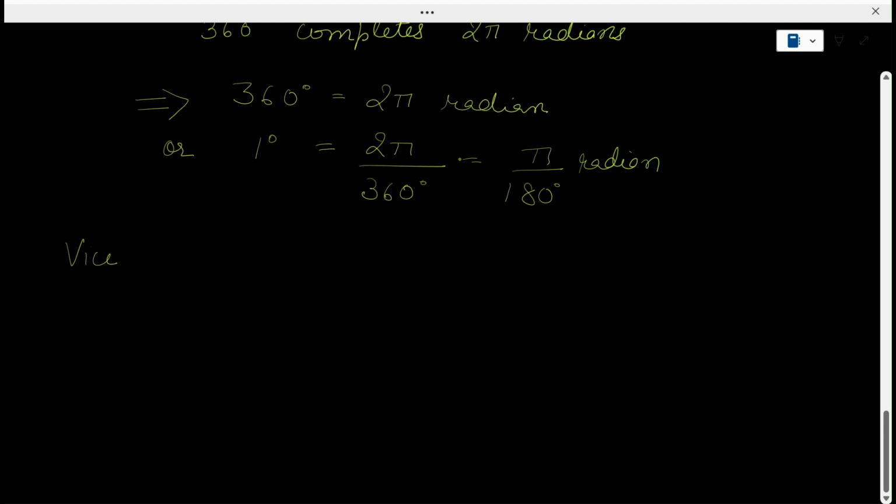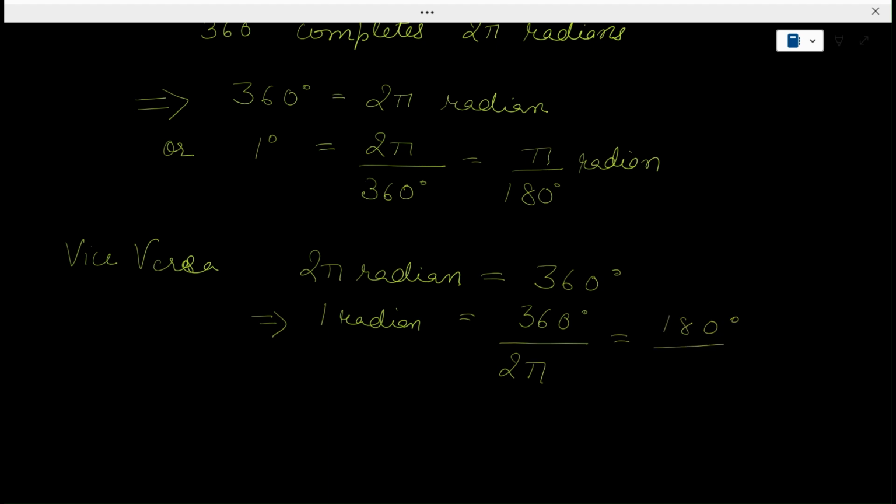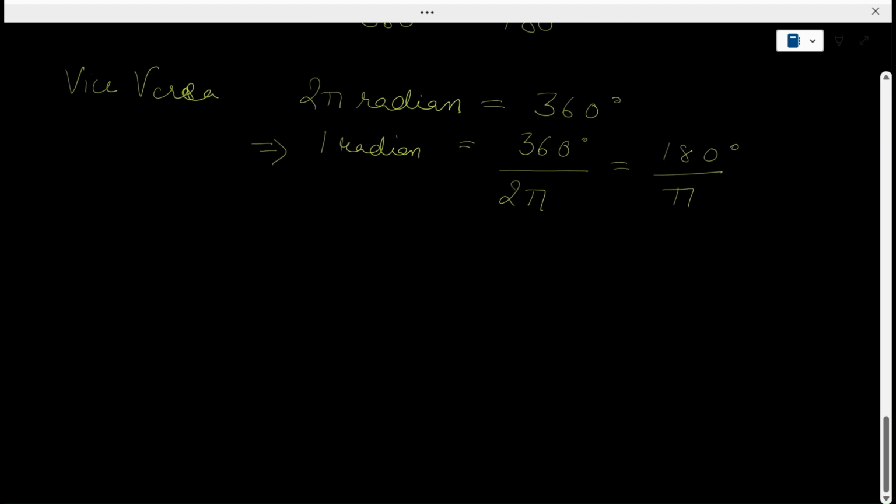Vice versa, 2 pi radians is equal to 360 degrees, which implies 1 radian is equal to 360 degrees upon 2 pi, that is 180 degrees by pi. So what would be our relation?